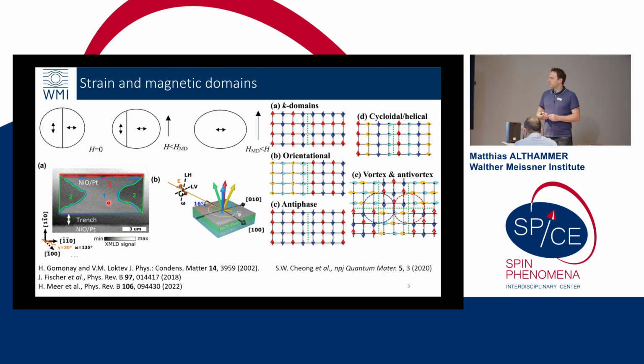Interestingly, this strain and magnetoelastic coupling leads to something phenomenologically reminiscent of a typical ferromagnetic structure, where dipolar effects need to be considered at these boundaries on the right-hand side, leading to the domain closure formation that you see in the system.